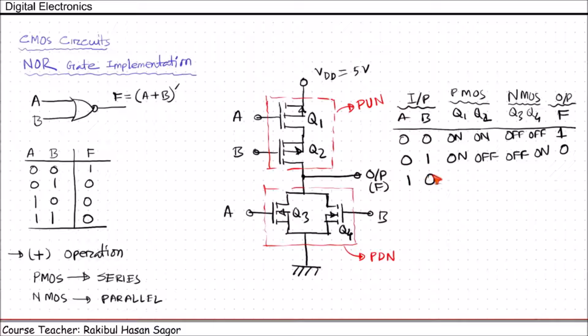Similarly, for 1, 0 case, this will be off, this will be on, this will be on, this will be off, and the output will be 0. For 1, 1 case, both these are off, this will be on and this will be on, and the output will be 0. So in this way, you can implement NOR gate using CMOS circuits.